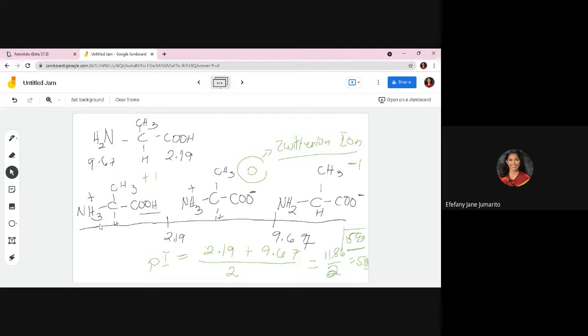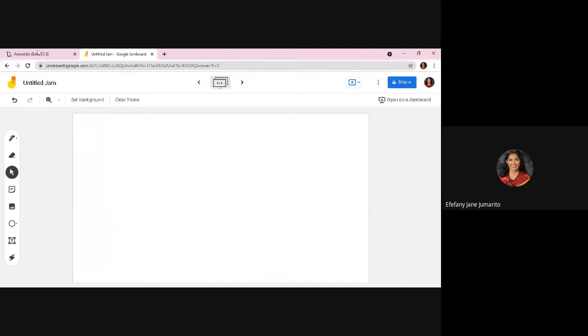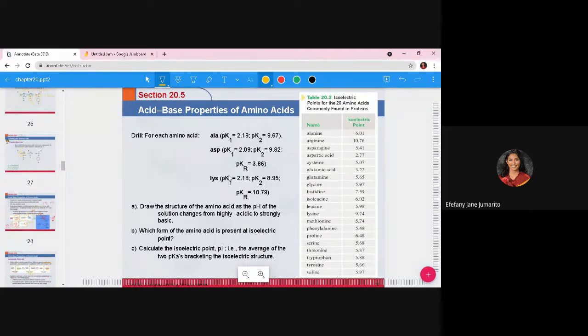Unlike in lipids where hydrophobic reacts with hydrophobic and hydrophilic with hydrophilic, in terms of acid and base, what reacts with acid is your base, and what reacts with your base is your acidic group. Okay.